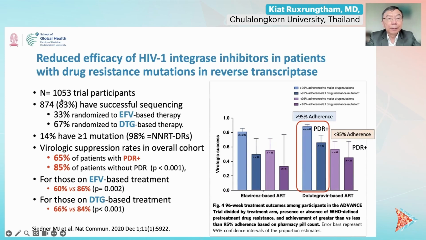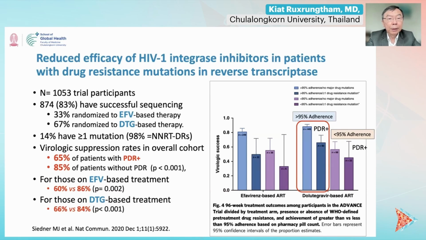You can see from this study that 14% had at least one mutation detected before starting first line. Almost 100% were related to NNRTI drug resistance.